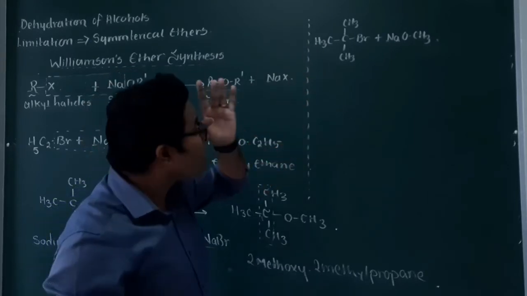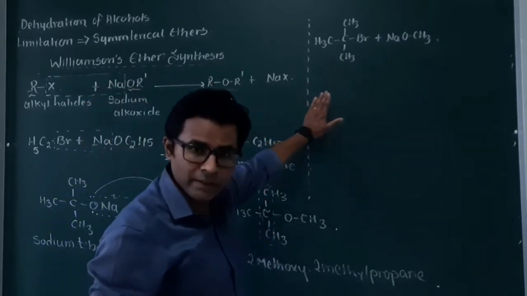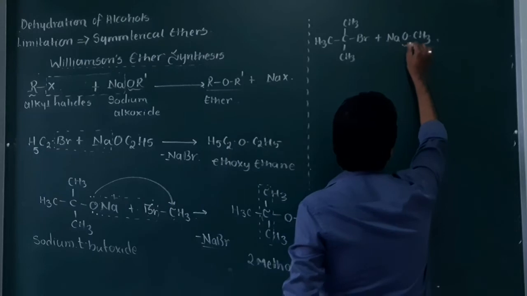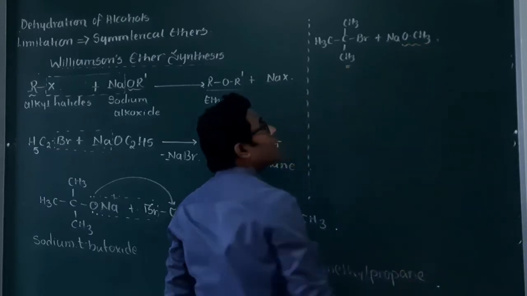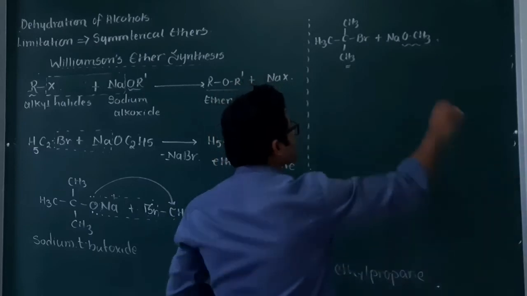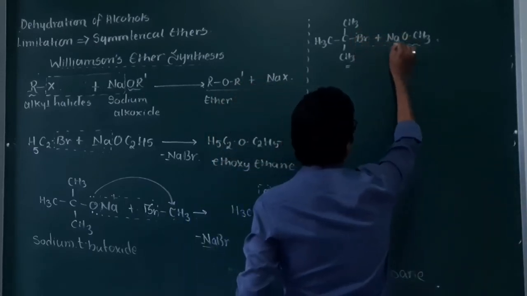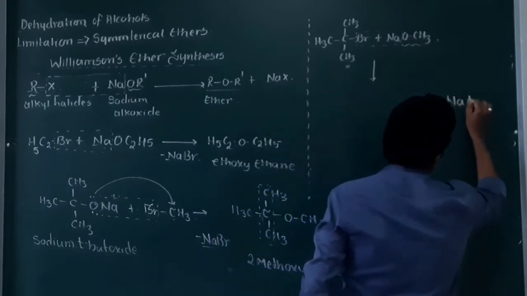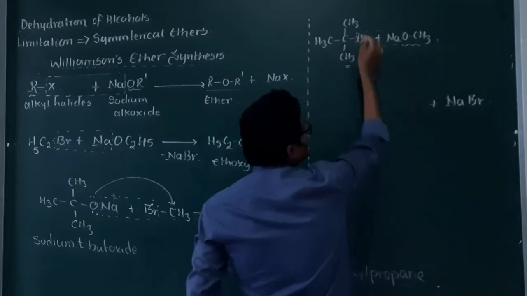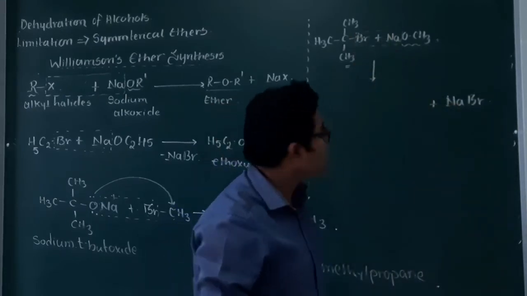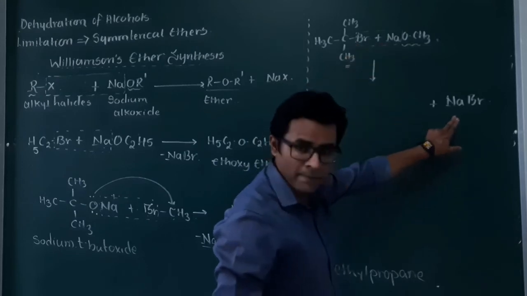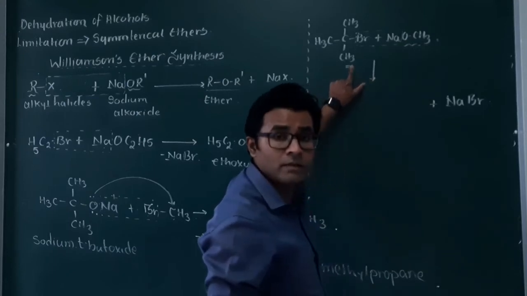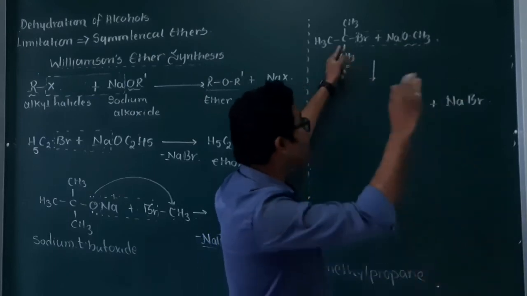So rather than substitution occurring, here the elimination occurs. CH3O takes one hydrogen from this. Sodium and bromine get combined in order to form NaBr. Bromine goes taking the electrons. Now, once this combination has happened, the CH3O oxygen takes a proton from here, that means hydrogen leaves, giving the electrons.